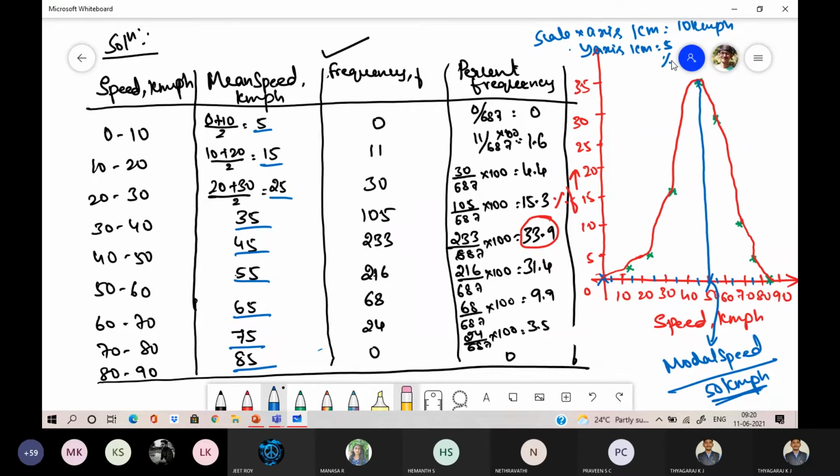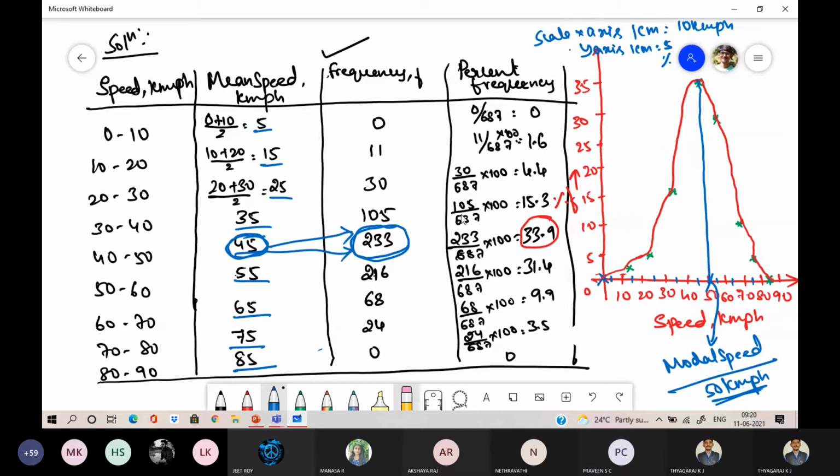How much are you getting? Sir, 45. 45, sir. Okay. 50, yes, sir. From the question only you can easily say what our modal speed is. Why? Because you can observe where the maximum number of vehicles will be moving. In what speed are the maximum number of vehicles moving?